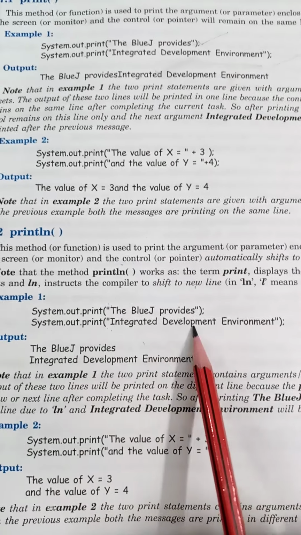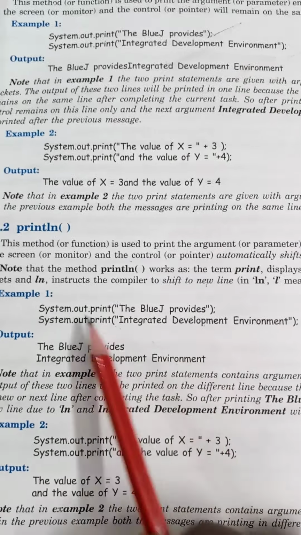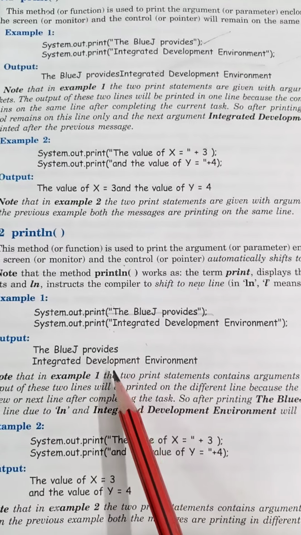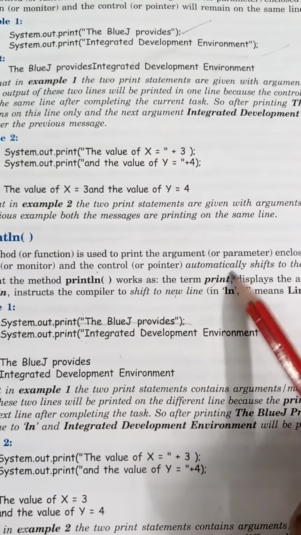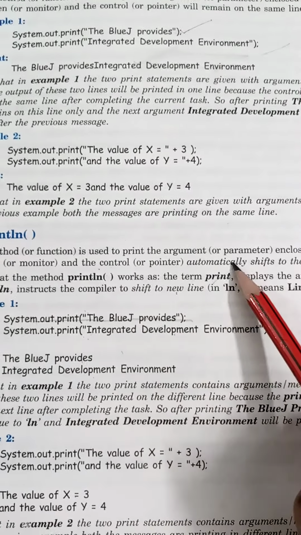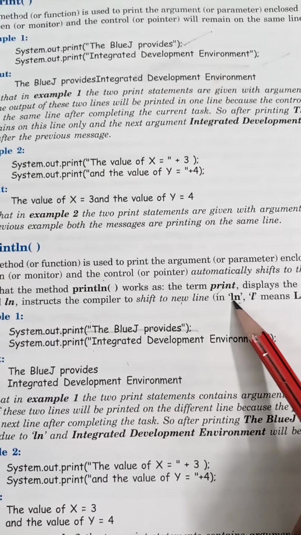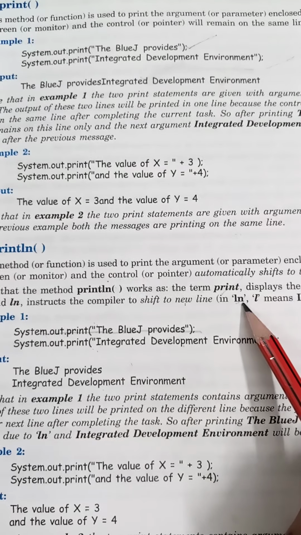After printing the first line, the pointer will come to the next line. Print is responsible for printing on the screen, and ln stands for new line.